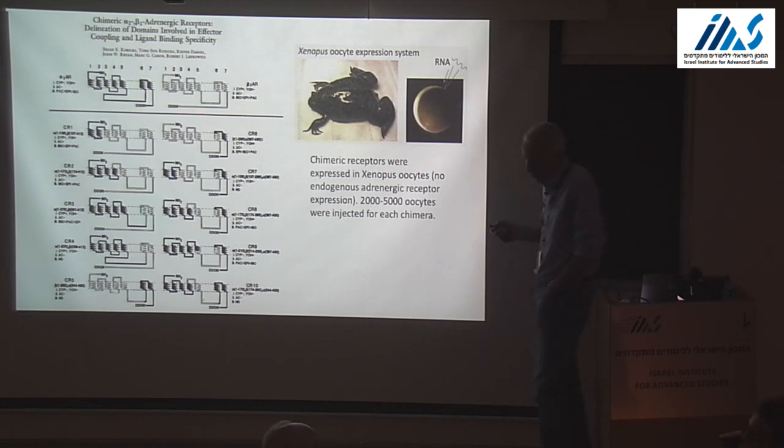So these were particularly good pairs because the alpha-2 receptor had a very clear pharmacologic profile. The beta-2 had its own, and they coupled to different G proteins, so you could mix and match them.